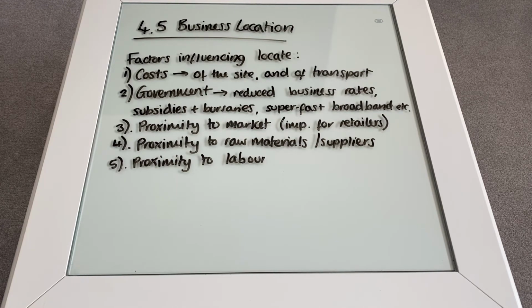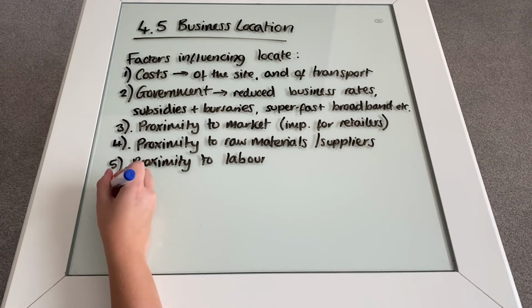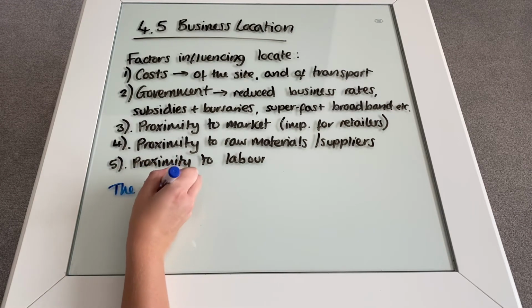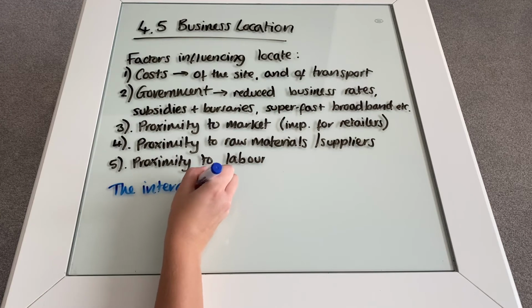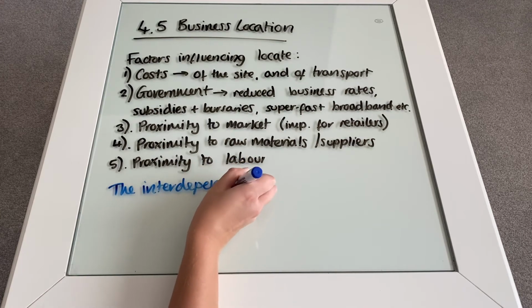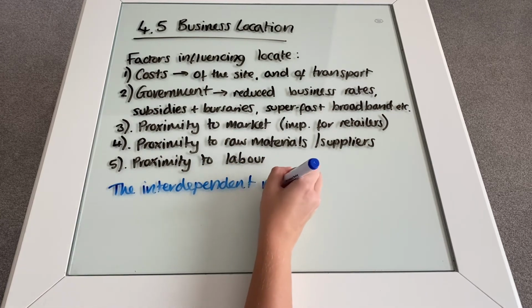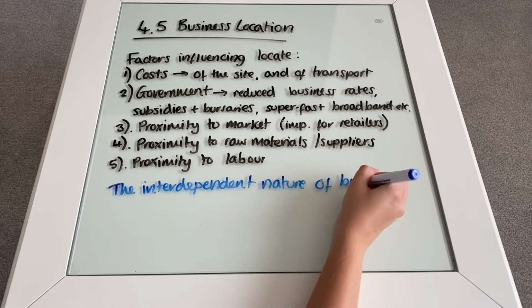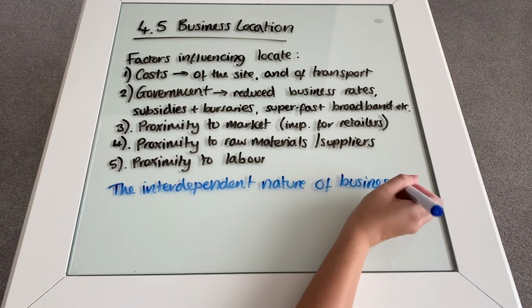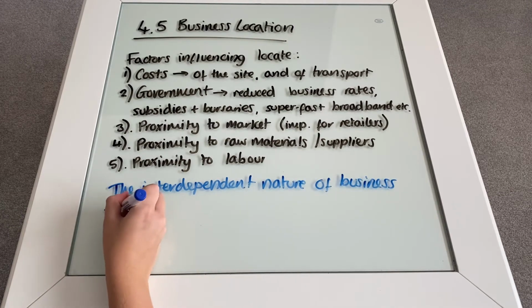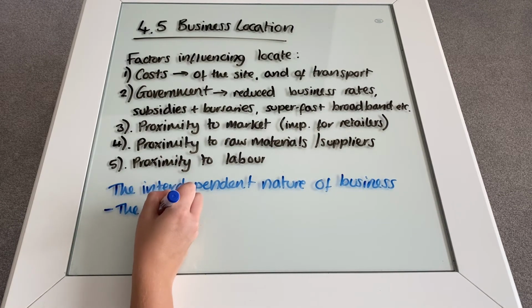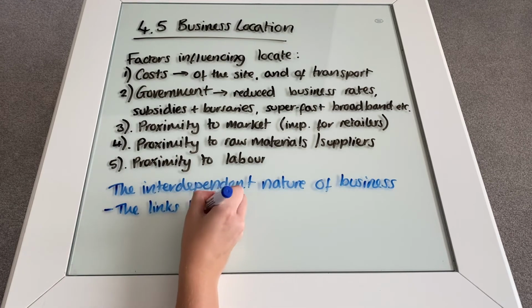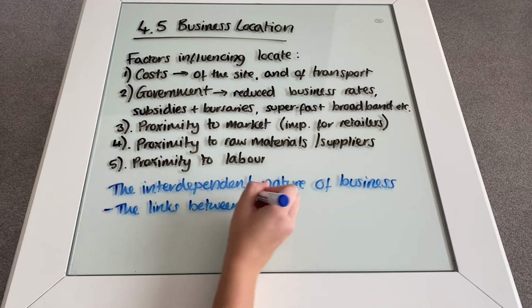The last thing you need to understand is the interdependent nature of business. What that basically means is that there are links between different areas of a business.